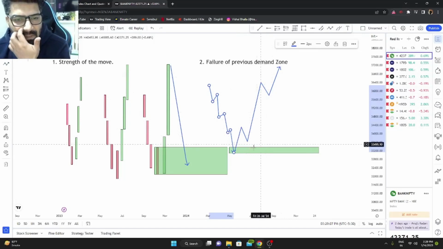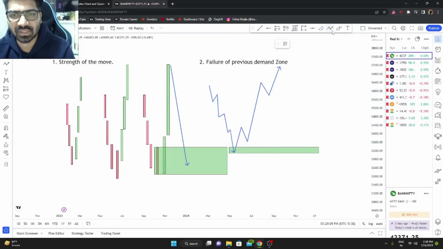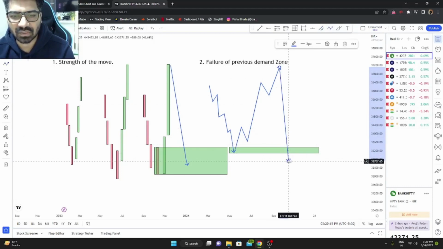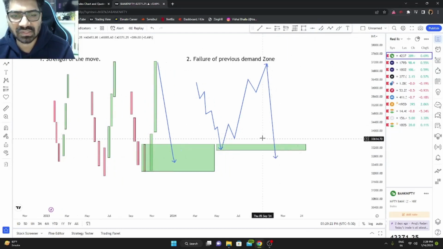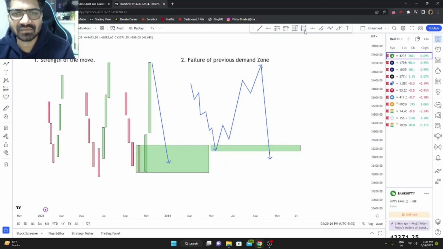Now when the market comes back and breaks this area, so this is the failure of this previous demand zone, right? Now whichever the buying candle which broke this, the last buying candle which broke this demand area, becomes our supply area, which is also called as a flip area.